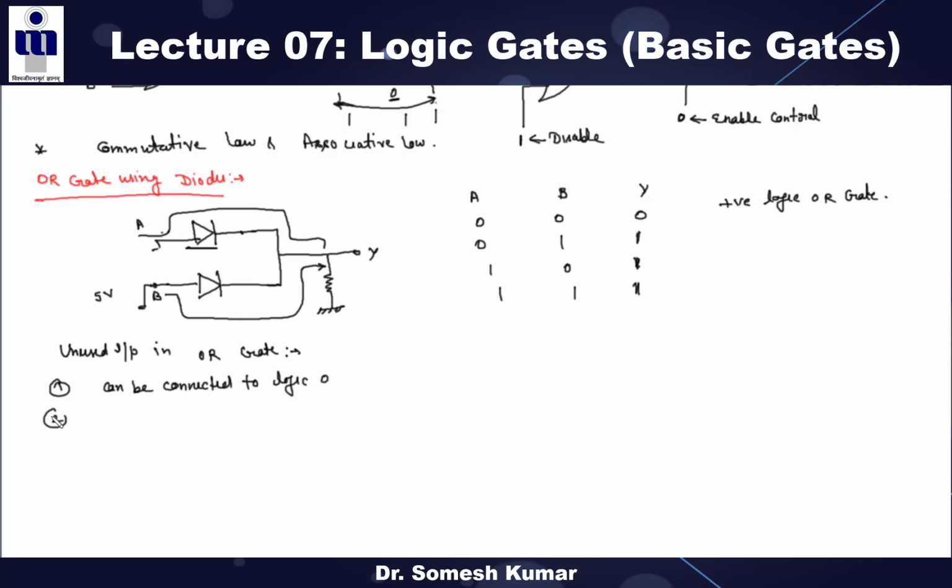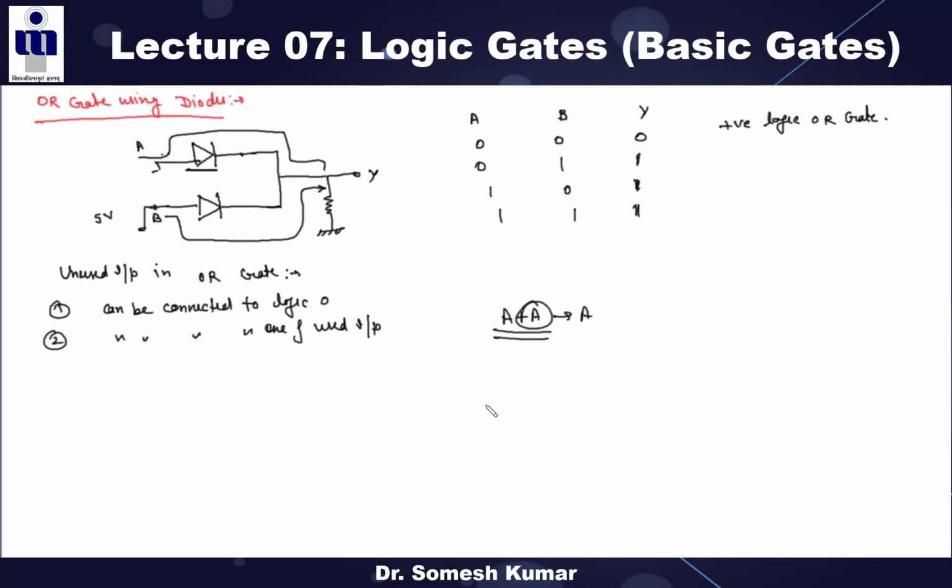And what is the second priority? It can be connected to any one of the used inputs. Right? So what happens if A plus A? A plus A is A, right? So we can connect any unused input to any used input. This is your second priority.